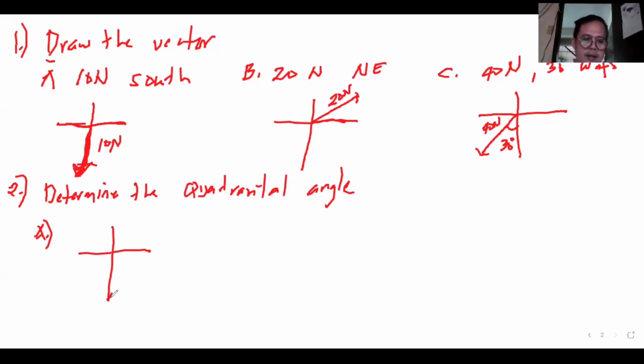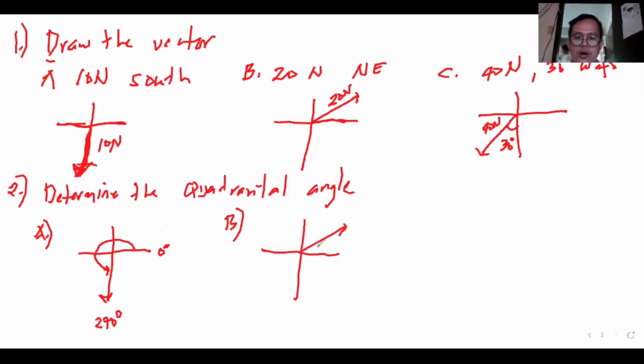The quadrantal angle is the angle measured from the origin, 0 degrees, up to the vector. This is 270 degrees. So vector A is 270 degrees from the origin. The second vector is very easy. It is only 45 degrees from the origin, 0 degrees.